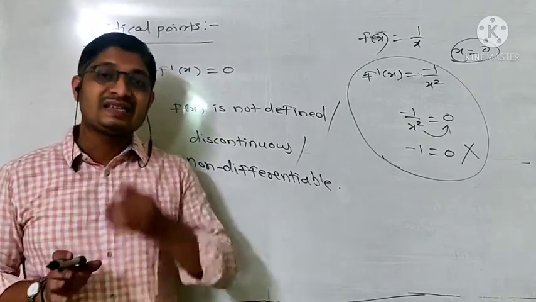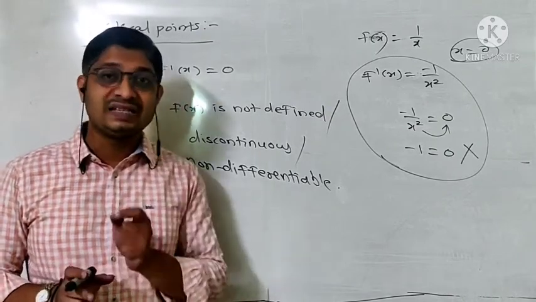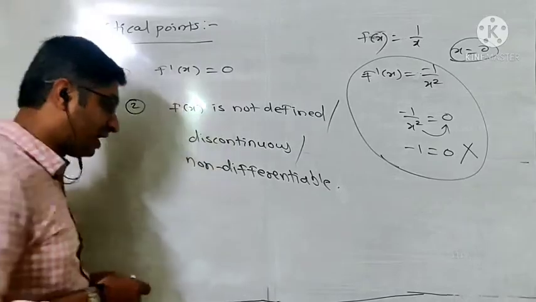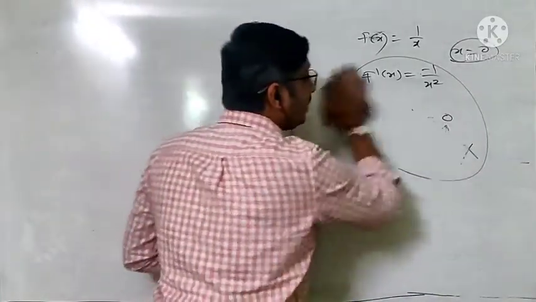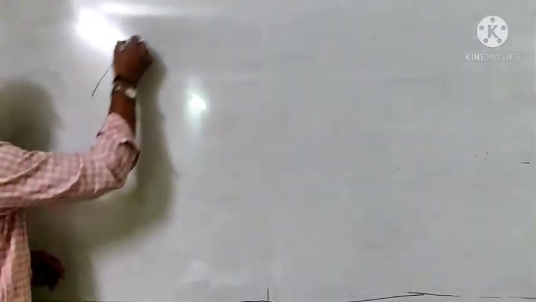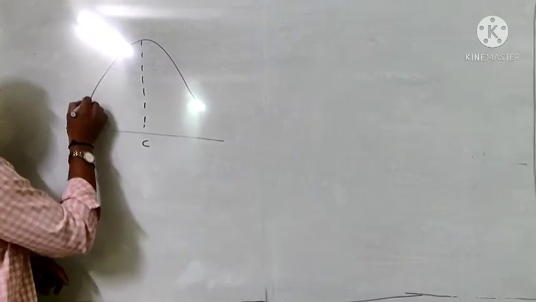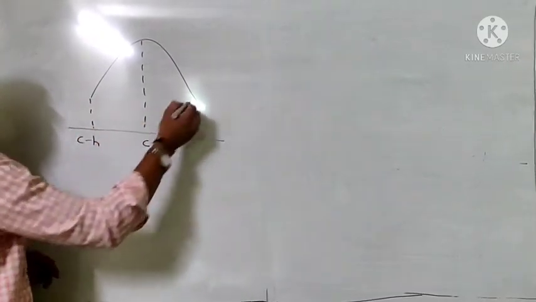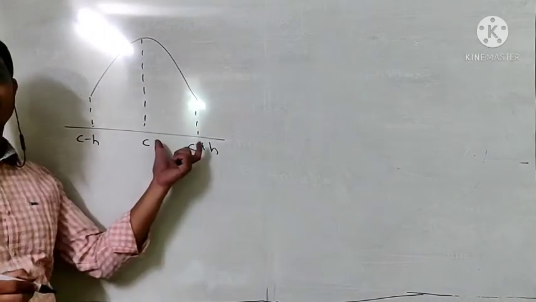Before that, we are just going to revise some basic concepts of increasing and decreasing. So suppose this is the given function and this is a point C, and this will be my C minus h, and this will be my C plus h, where h is the smallest interval.